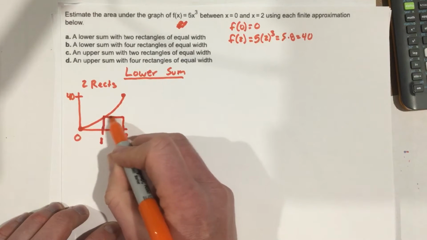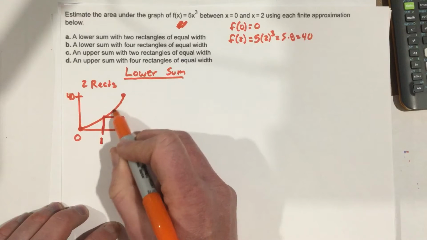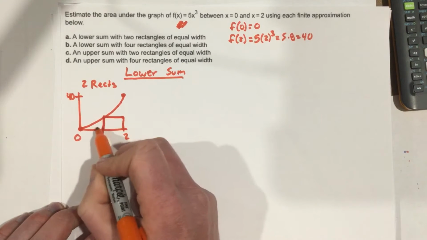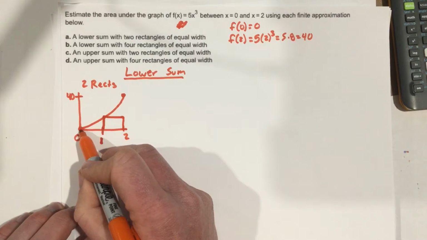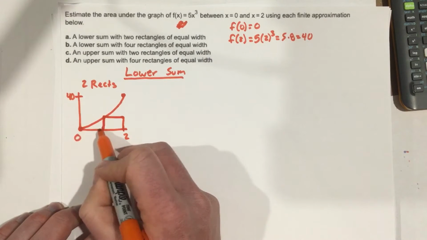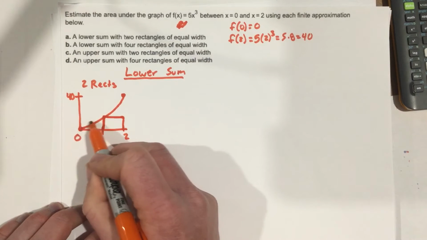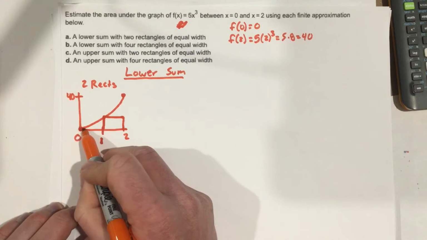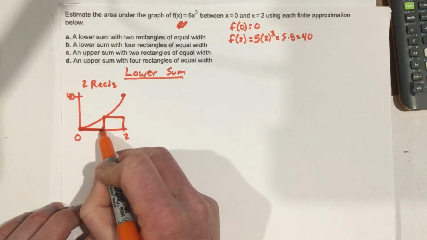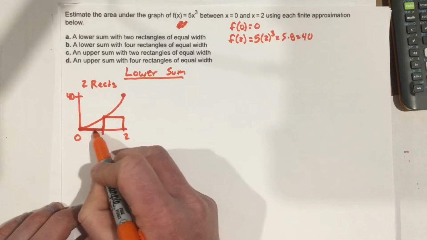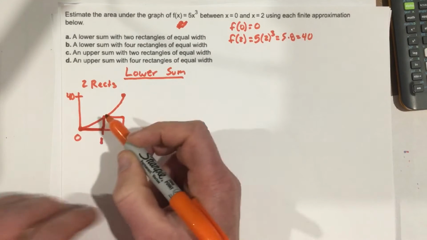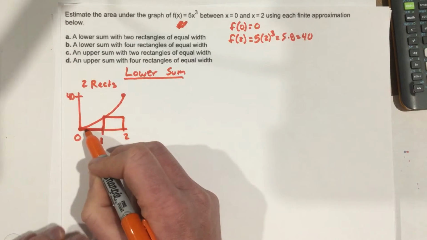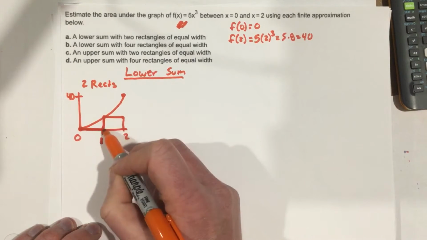Our rectangle has to be below the curve at all times. And then our other rectangle, its height, if it's any more than 0 for this width, goes above the curve. So it's just got a flat line right here, an area of 0. So our 2 rectangles here have basically 0 area and then some area right here.